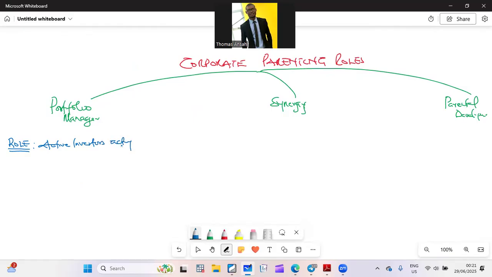They are doing agency work, acting on behalf of owners, and what they are doing is to extract and create value from businesses.